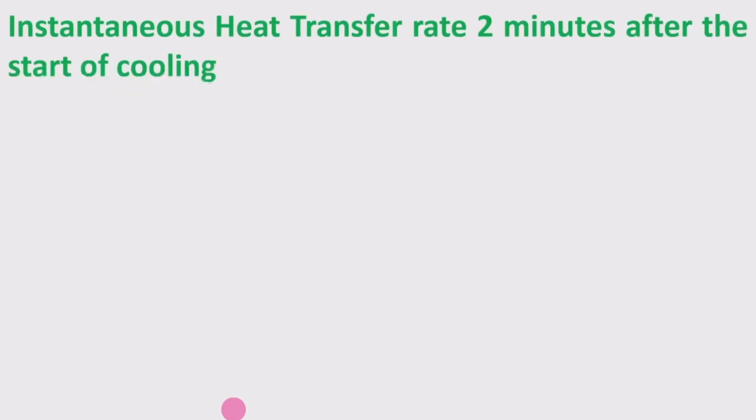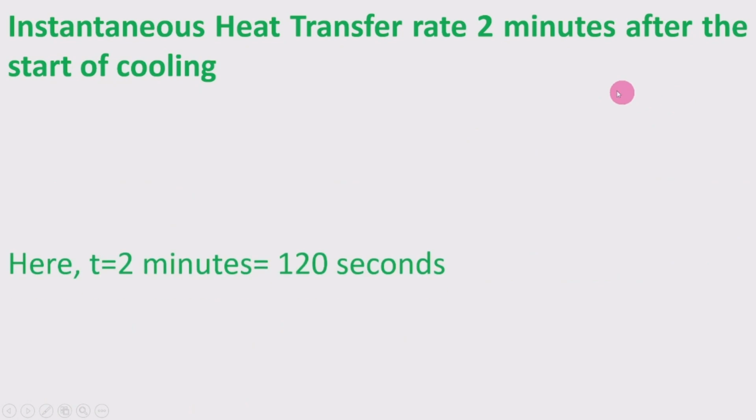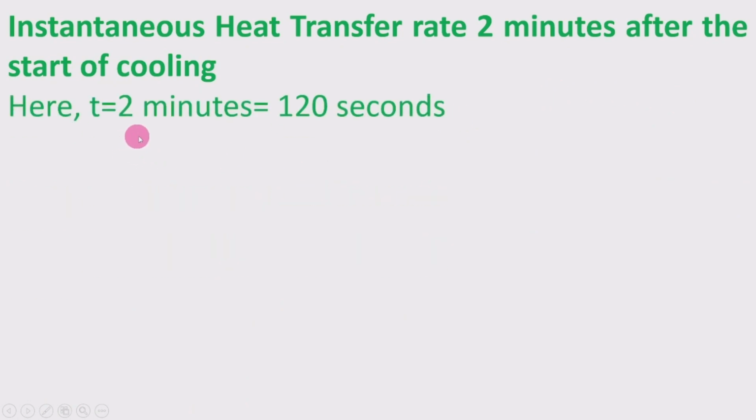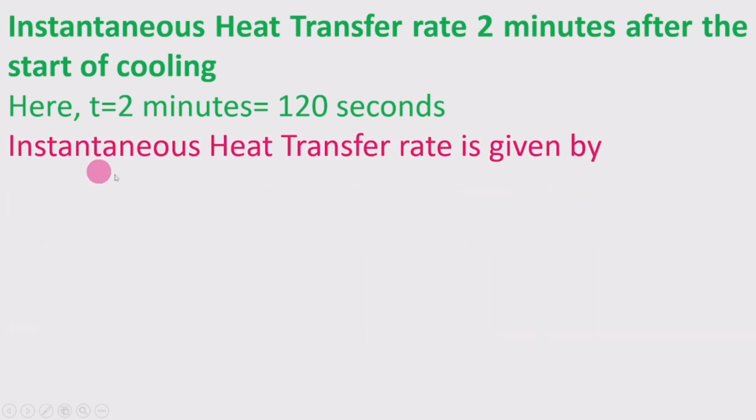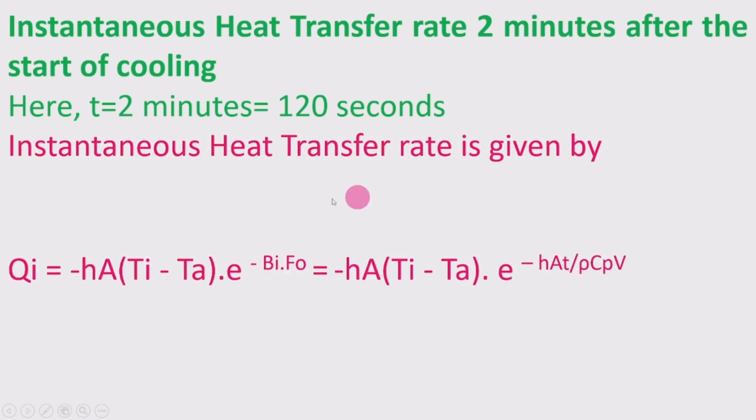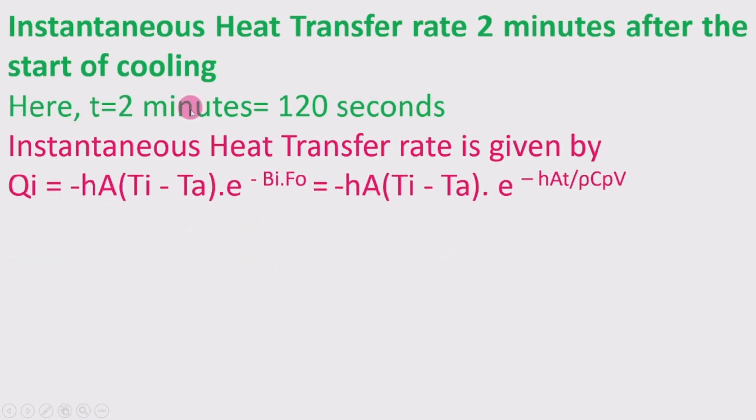Further, the instantaneous heat transfer rate 2 minutes after the start of cooling. Here the time is given as 2 minutes, therefore it becomes 120 seconds. Then the instantaneous heat transfer rate is given by Qi equals minus hA (Ti minus Ta) multiplied by e raised to minus Bi into Fo, that is the Biot number into the Fourier number. Again the Biot number and Fourier number can be written like that.